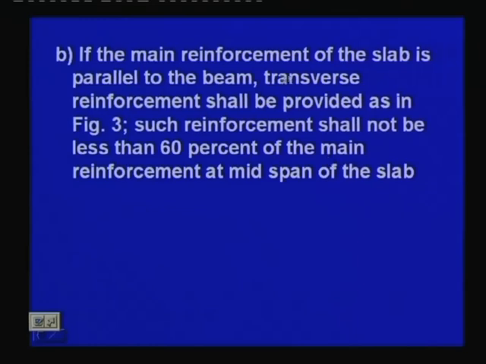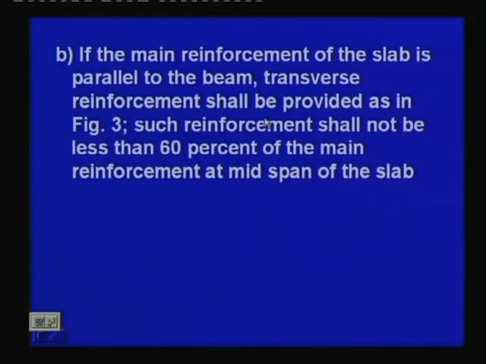What do we mean by main reinforcement? There is main reinforcement and there is transverse reinforcement. In this case, the main reinforcement is along the longitudinal beam. So, in the transverse direction, you have to provide the other reinforcement.